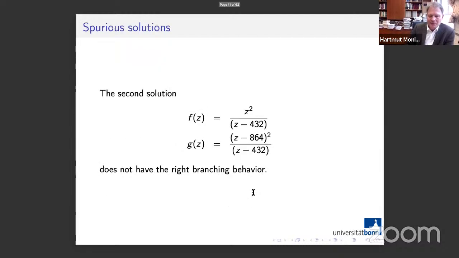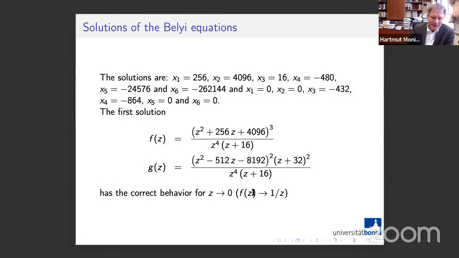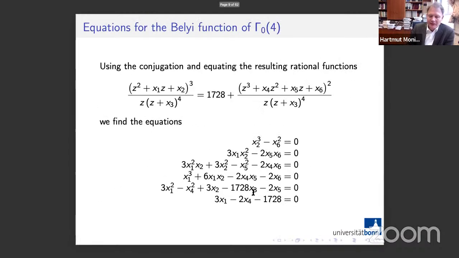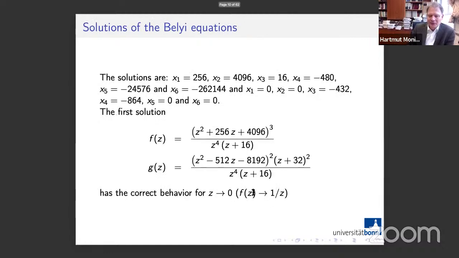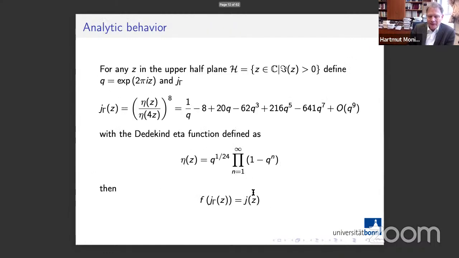So the calculation basically amounts to solving this algebraic set of equations. And once you have solved these algebraic equations, you have the Belyi map, the rational map from one Riemann surface to the other. Because J gamma uniformizes the fundamental domain of gamma 04, and J uniformizes the fundamental domain of the full modular group, and F is just a rational map which maps one to the other.